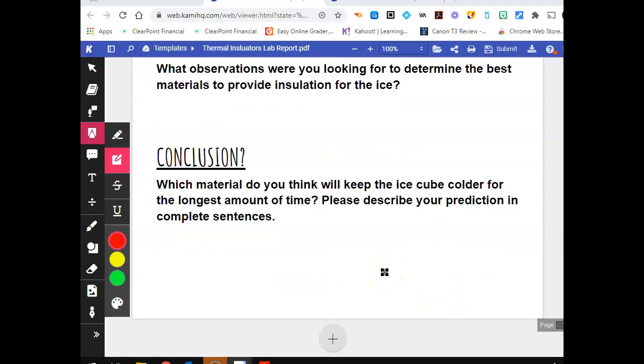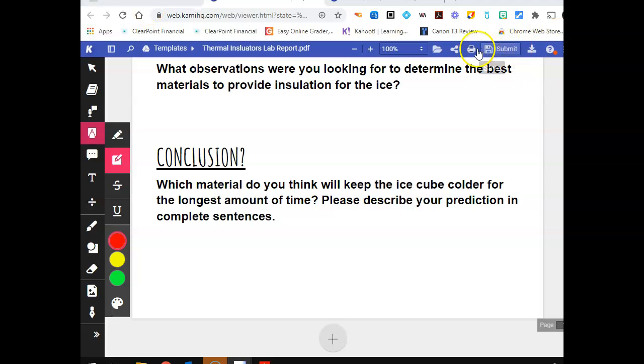Your conclusion, which material do you think will keep the ice cube colder for the longest amount of time? And then please describe your prediction in complete sentences. Based on our test results, which one would you suggest we use to keep the ice colder, longer for our party?